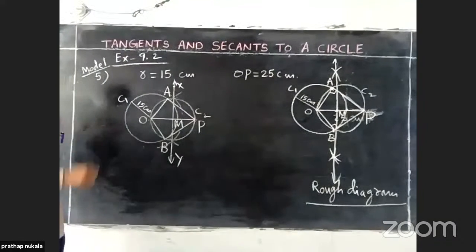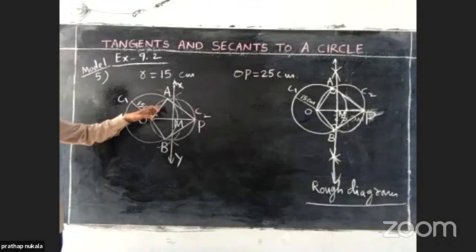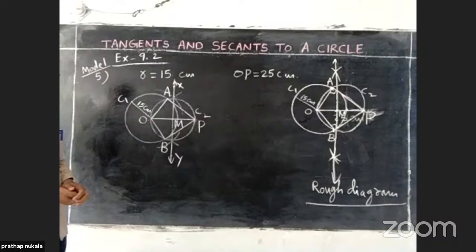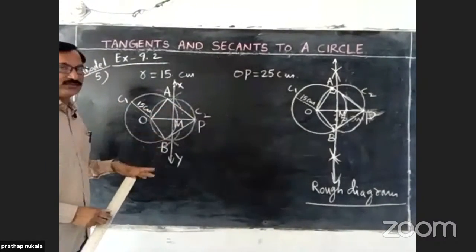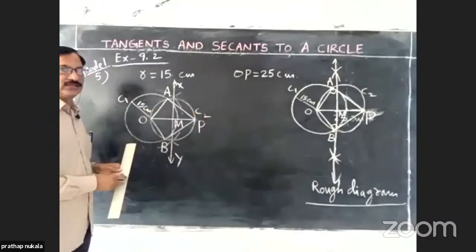Now the second part: measure the lengths of the two tangents. Now I am measuring the two tangents, both are equivalent. Already we have proved this.